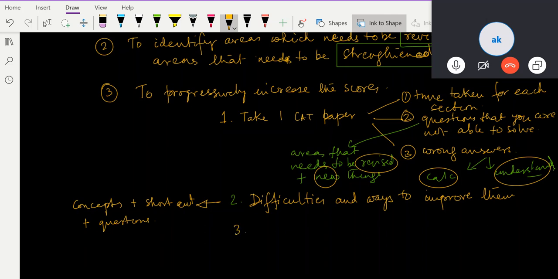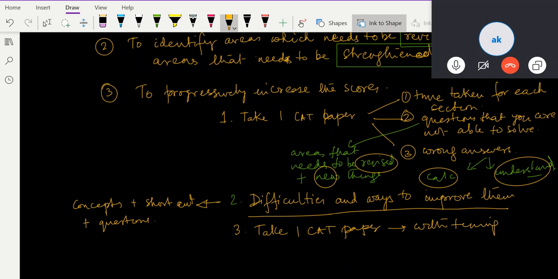Number 3, after we have done one round of this, you will again take one CAT paper, and this time with timing, and we'll do the same thing. Then we will know exactly what is the impact of this step here.